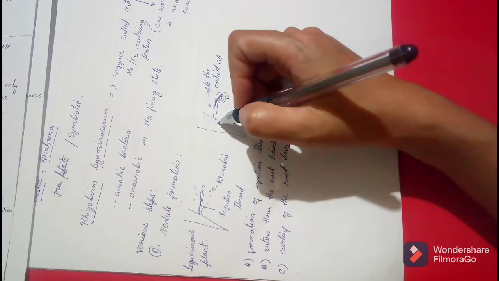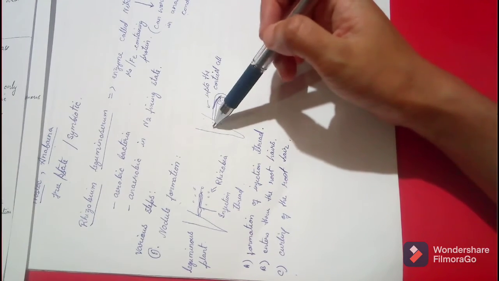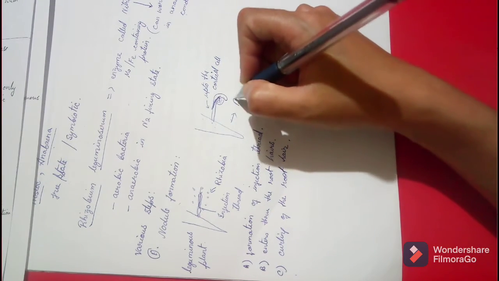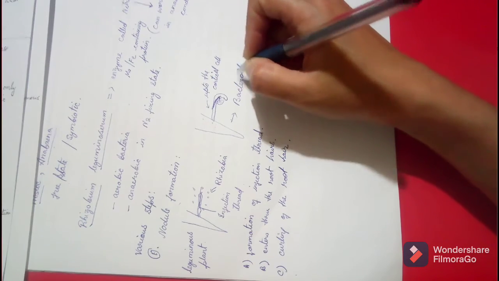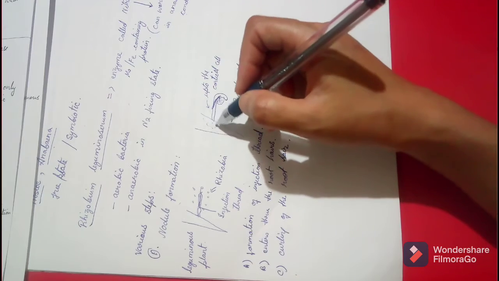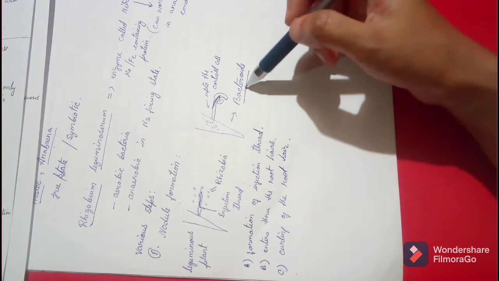Then these bacteria will change into the bacteroids. So these rhizobia which already entered up to the cortical cells get modified into these type of cells.